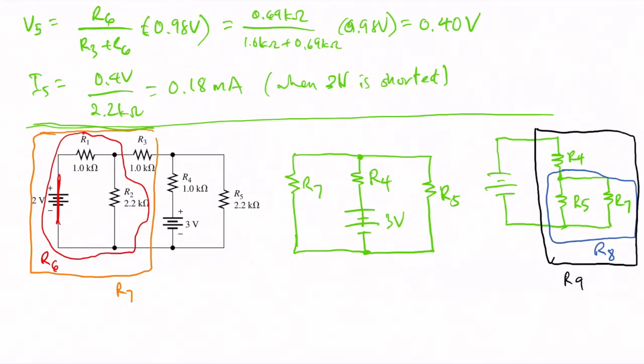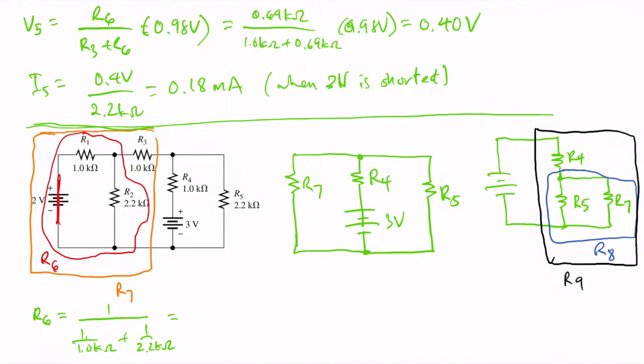Okay, so now that we have that figured out, let's solve for R9. The first thing we need to solve is R6. So R6 will be equal to 1 over 1 kilo ohm plus 1 over 2.2 kilo ohms.